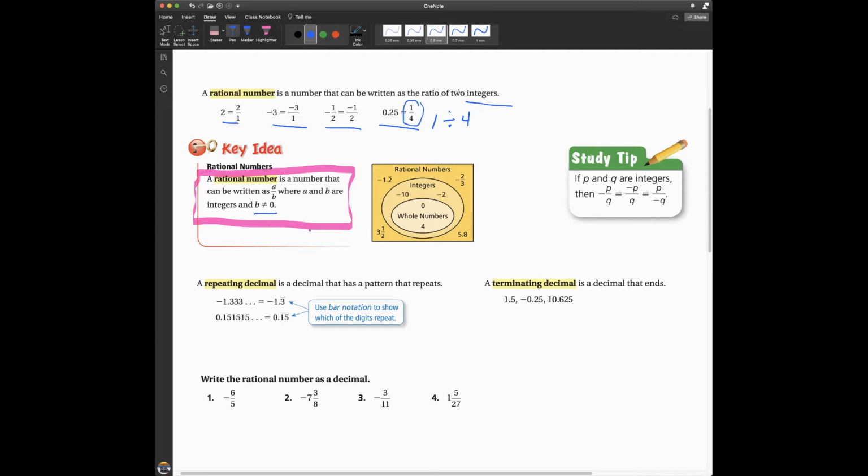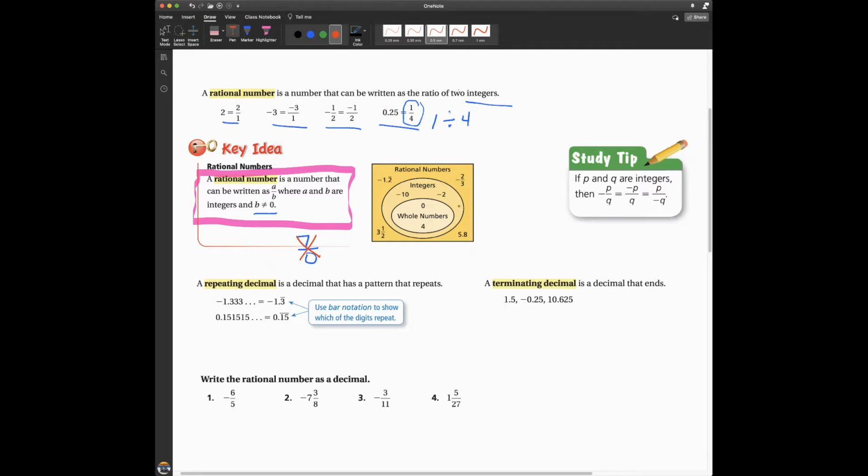So an example of a number that is not a rational number would be something like 7/0. For this class, we are not going to be doing that. If you see 0 in the denominator and someone asks, is that a rational number? You can say, no, it's not, because the denominator is 0.